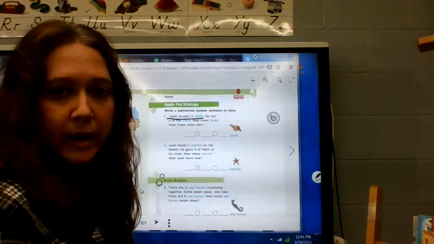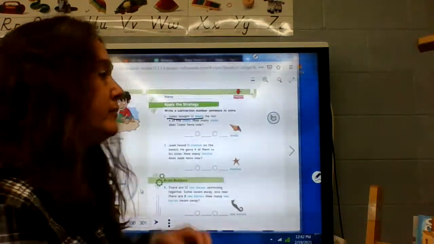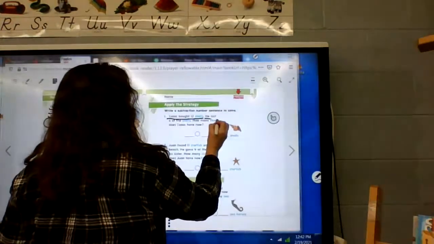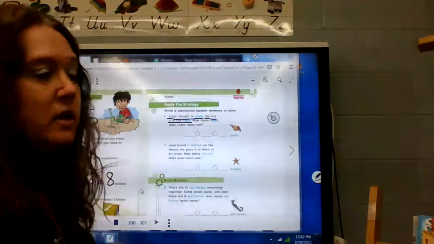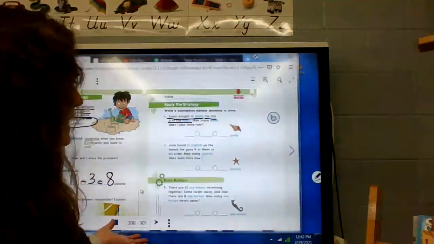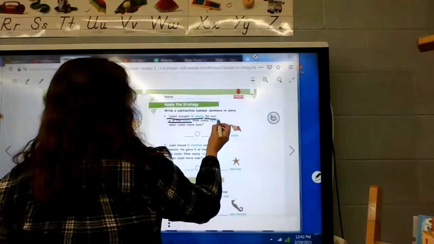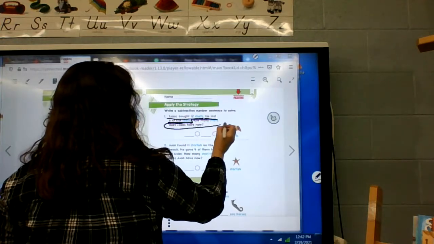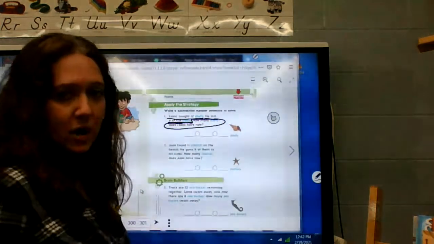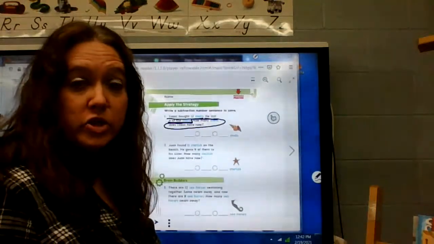What else do we know about Isaac and his shells? He lost 6 of the shells. So we know that. And what are we trying to find out? What question are they asking us? They're asking us, and we're going to circle, how many shells does Isaac have now? That's what we need to find out. How many shells are left?